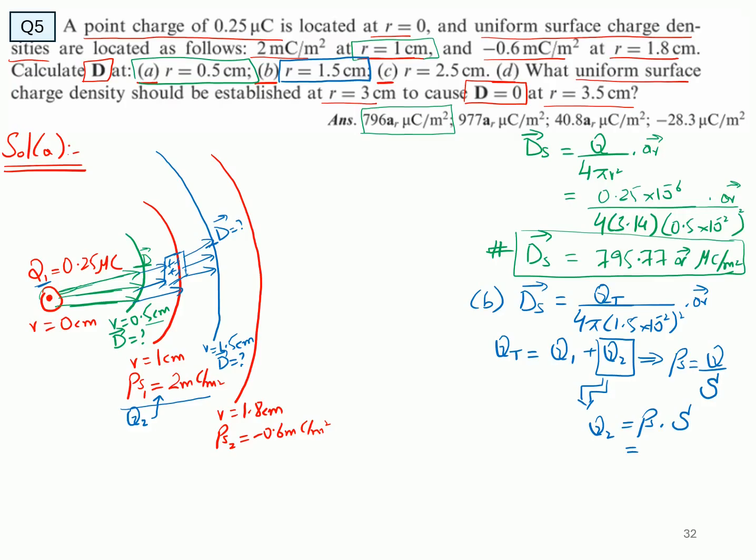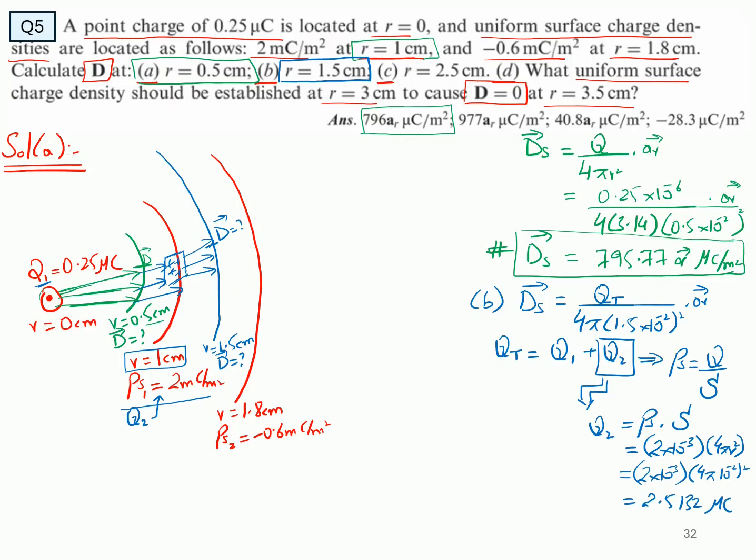The surface charge density is 2 into 10 raised to power minus 3, multiplied by the area of the sheet. This is a sphere, so I can immediately say it is 4 pi r square, where r in this case is 1 centimeter. So it is 2 into 10 raised to power minus 3, 4 pi 10 raised to power minus 2 whole square.